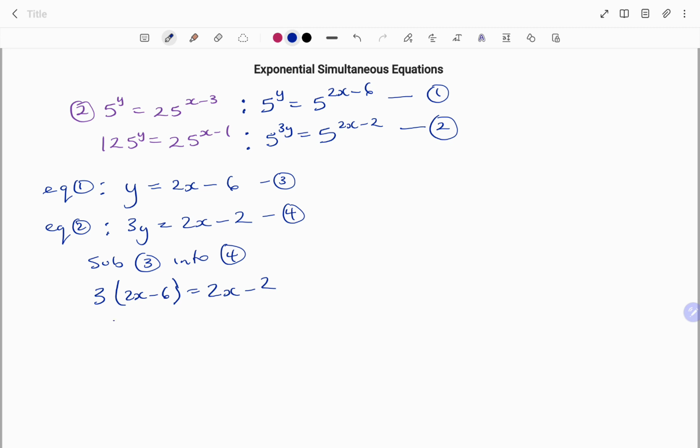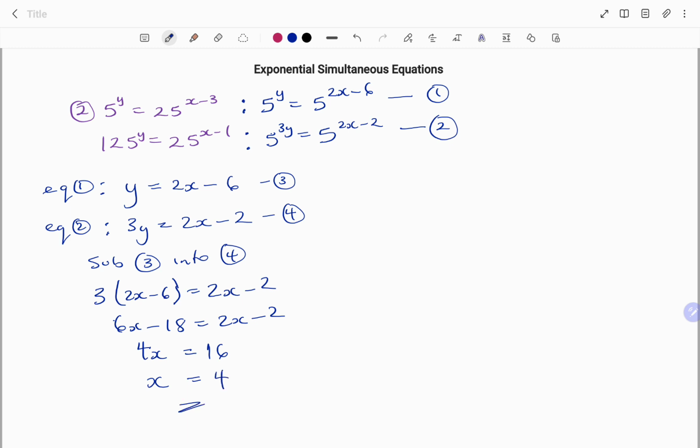Expanding the bracket, I have 6x minus 18 equals 2x minus 2. Collecting like terms, 6x minus 2x, that will be 4x equals plus 18 minus 2, that's 16. Dividing both sides by 4, I'm going to have x equals 16 divided by 4, which is 4.